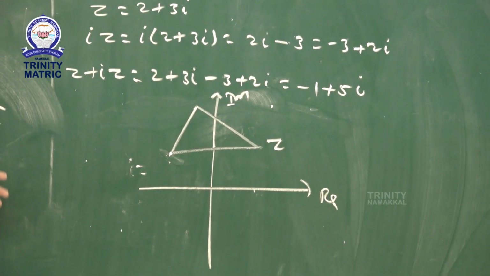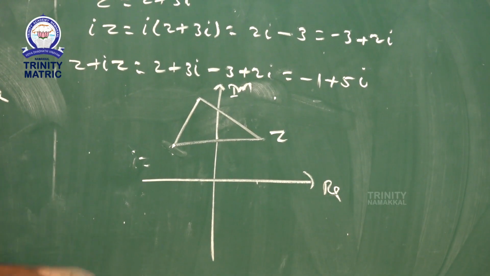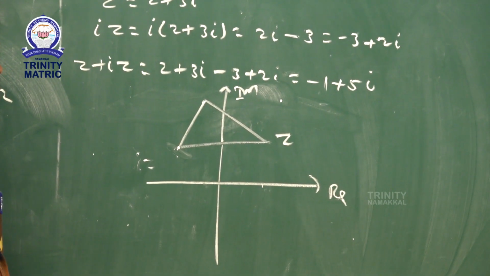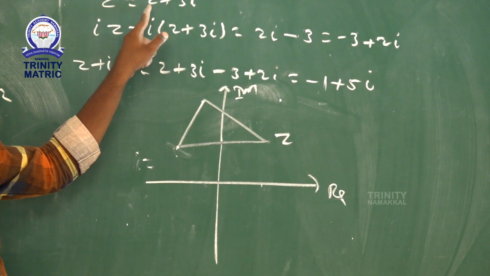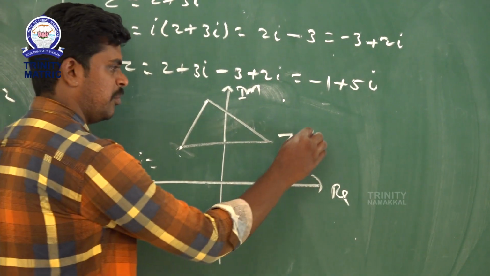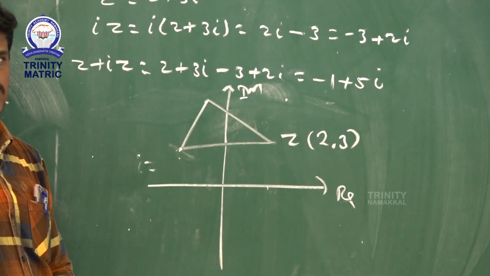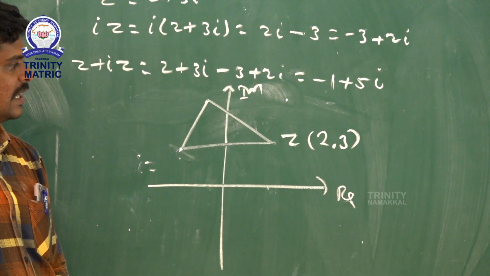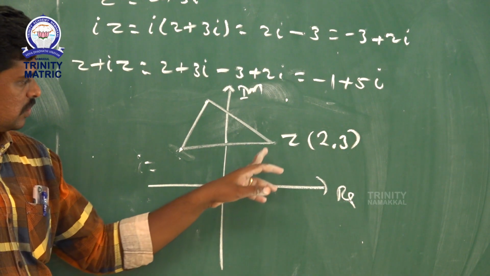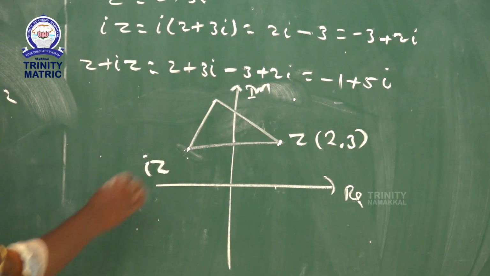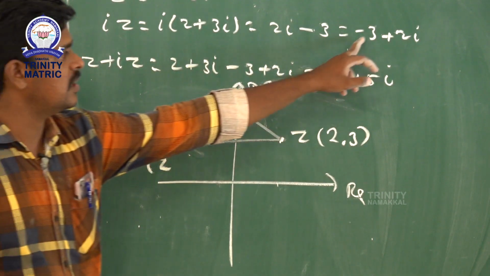Next, put it on the Argand plane. This is a coordinate plane. Take the real axis and imaginary axis. What is z? Here z is 2 plus 3i, which means 2 comma 3. Here the real number is 2 and the imaginary number is 3. So 2 comma 3 lies in the first quadrant. So put z here. And iz, what is the iz number? Minus 3 plus 2i.